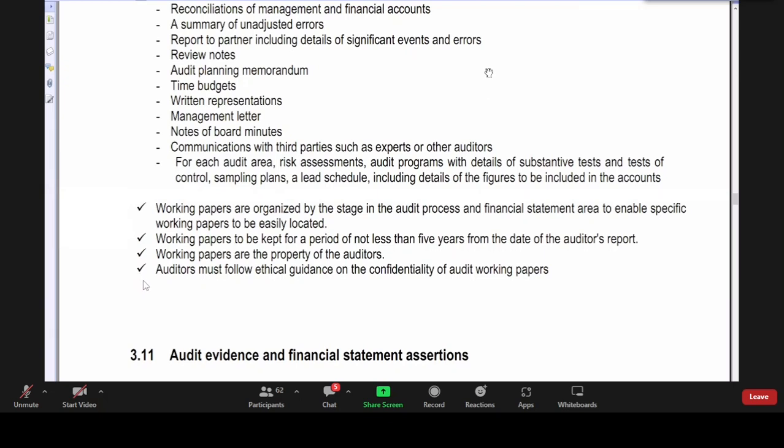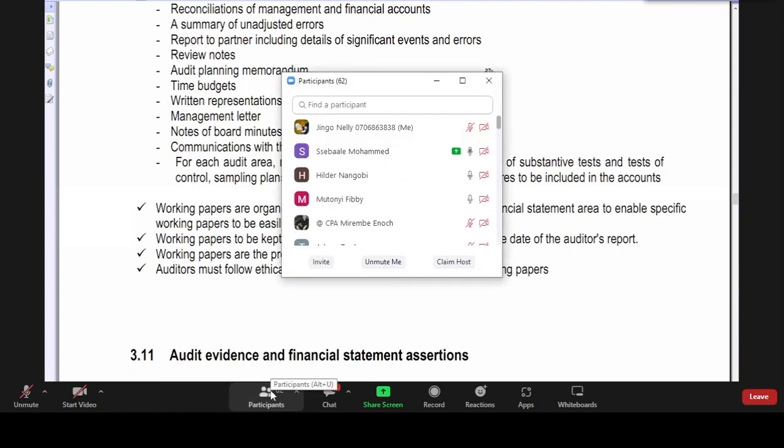Yes, you use different ones, but sometimes, especially for inventory and purchases, they may cross-cut. When testing inventory count, it's not only inventory count, though it is the major procedure.